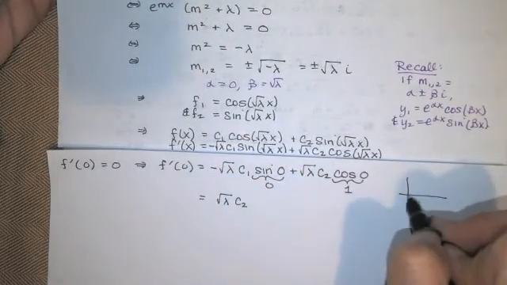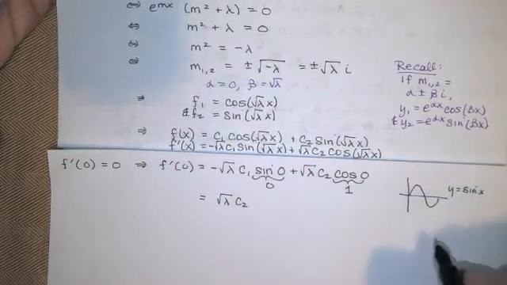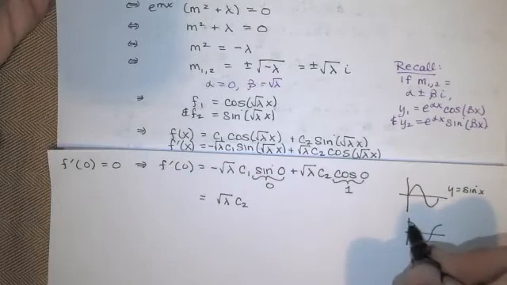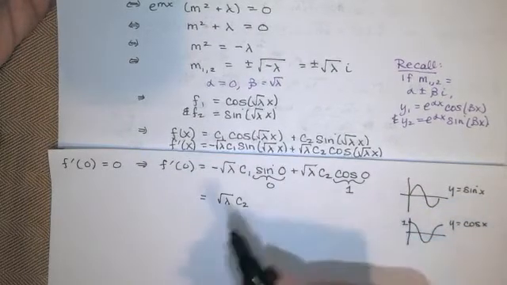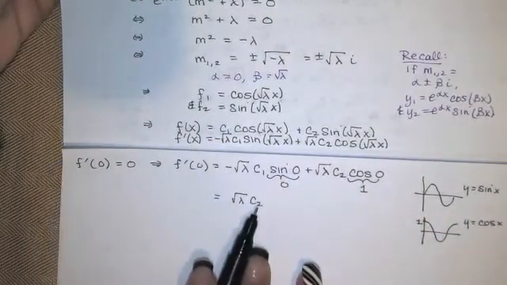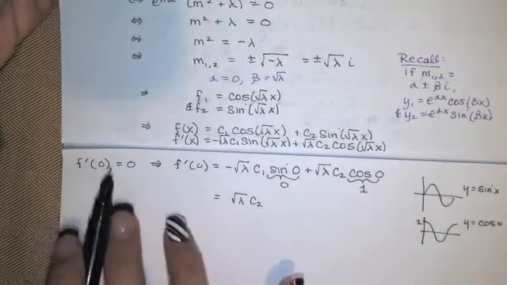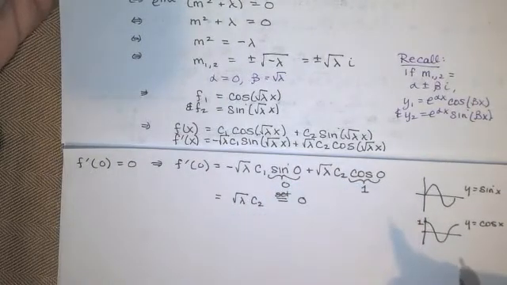You remember that sine starts at 0, and cosine starts at the top. When x is 0, the y value is 1 on the cosine graph. So f prime of 0 would just be this in general, but we want our function to satisfy f prime of 0 equals 0. So we have to set this equal to 0 and solve.